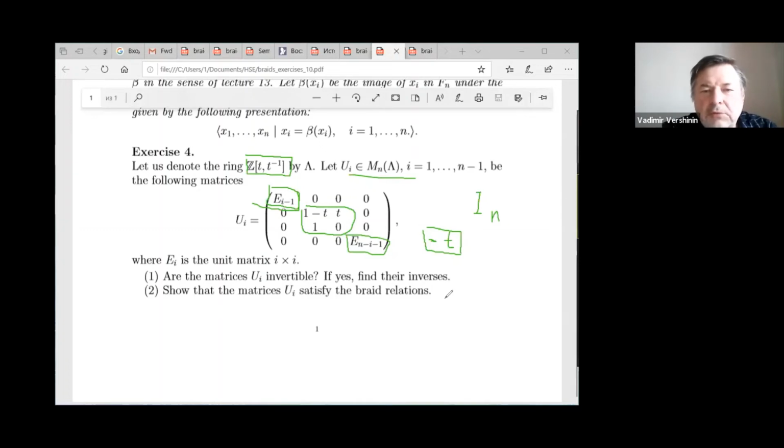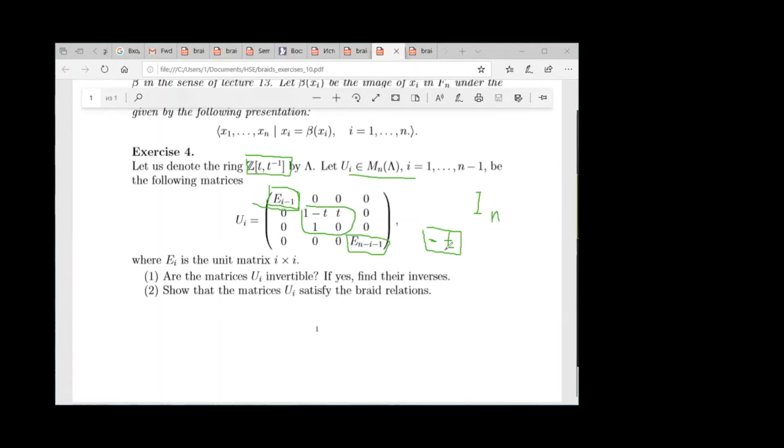How can we construct the inverse of this block? We know that the determinant is minus t, so we can do this. One moment.